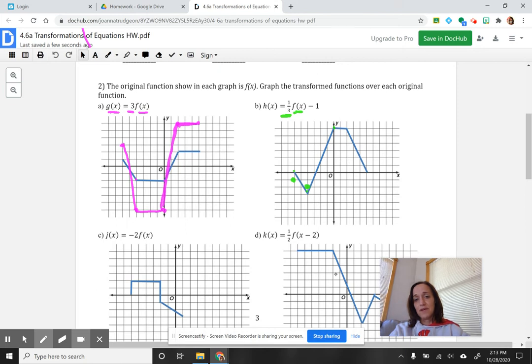Multiply by 1/3, now it's 2 away, so it's right here, and then down 1 is right here. Same with this point: it's 6 away, so 1/3 of that is 2 away, and then go down 1, end up right here. This one, it's 0 away, times 1/3 is still 0, down 1.